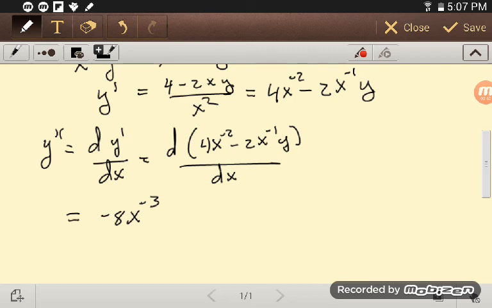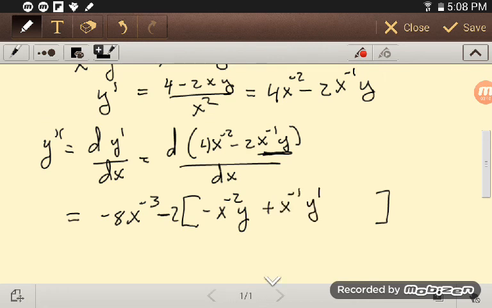Now, though, be careful here because we have a product rule. So I have minus, well, actually minus 2, and just do the product rule with the x to the negative 1 and the y. So the derivative of x to the negative 1 is minus x to the negative 2 times y, and then plus x to the negative 1 times y prime.